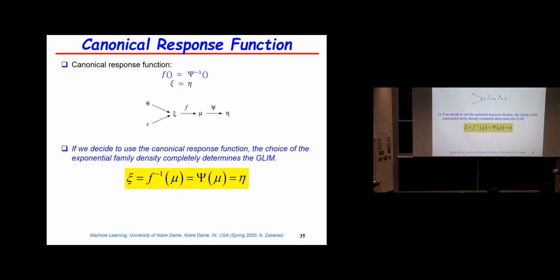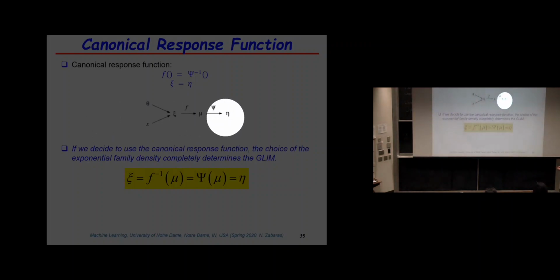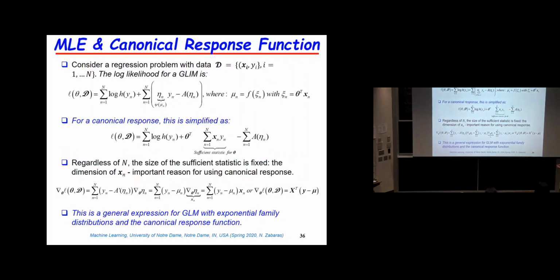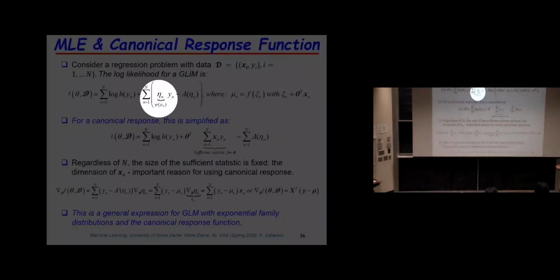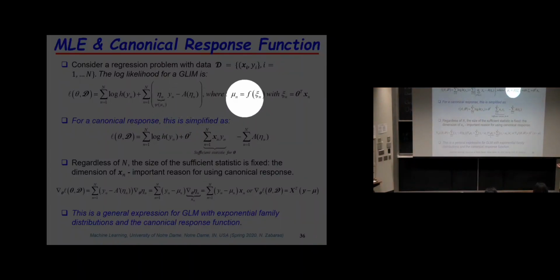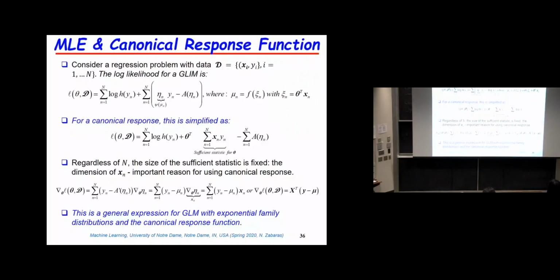So eta is going to be different for every point x. This is tricky. For the choice we make, eta has to have a subscript n, and that's exactly what I have here. So eta_n y_n minus a of eta_n, and I wrote here all the equations. This is my mean, and x_n is given by theta transpose x_n.